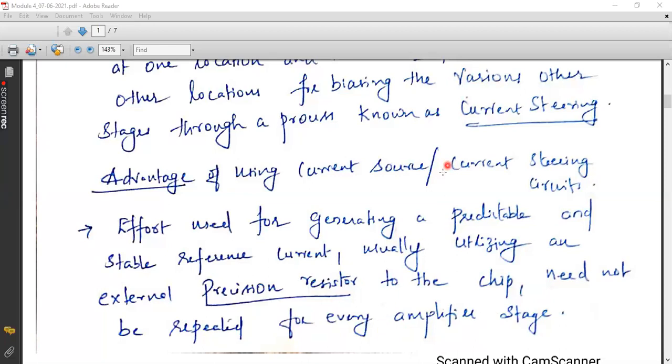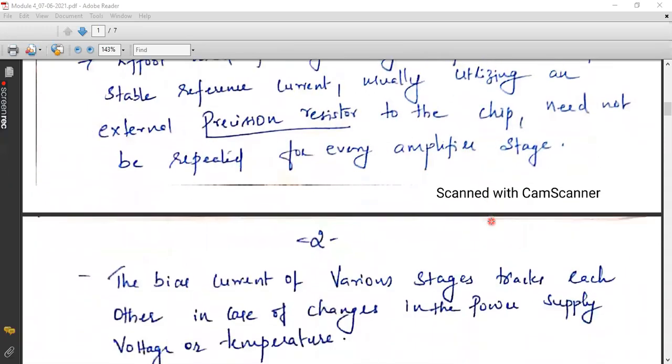That is one feature of current steering and current source circuits, because we are going to generate only the reference current at one location, and by using some current steering circuits, we will be able to steer from that particular location into various other stages. So we need not design separately using a resistance and power supply. This process need not be repeated for every amplifier stage, so the design will become simpler. That is one advantage of using current source and current steering circuits.